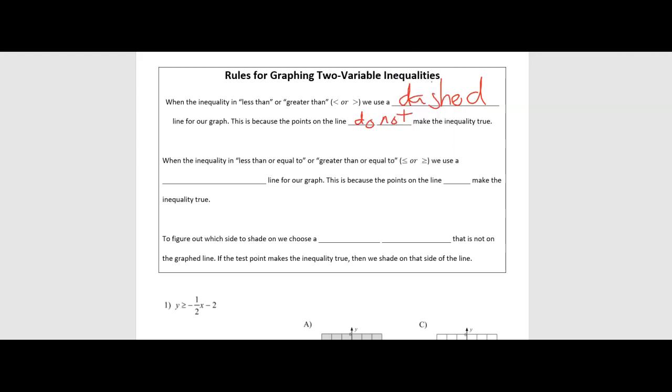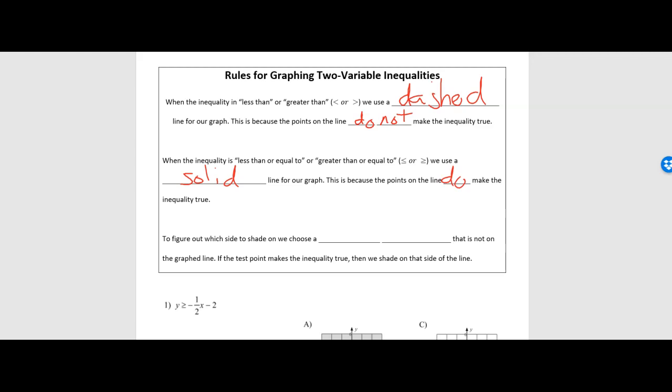On the other hand, when the inequality is less than or equal to, or greater than or equal to, we use a solid line for our graph. This is because the points on the line do make the inequality true.